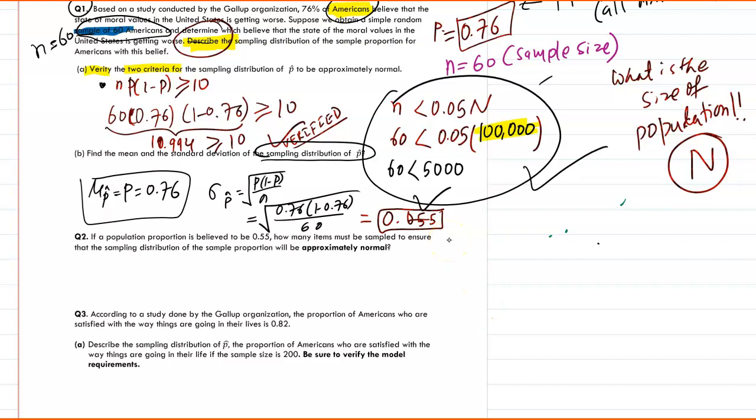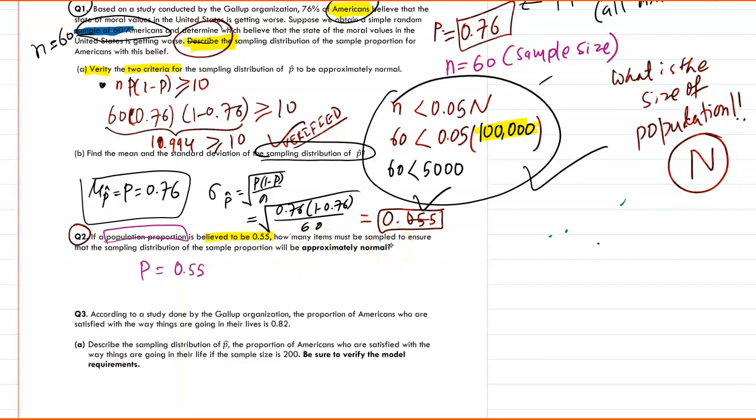Question number 2. If the population proportion is believed to be 0.55, notice that 0.55 is the population proportion. Therefore I should say p is 0.55. How many items must be sampled? Look at the question.